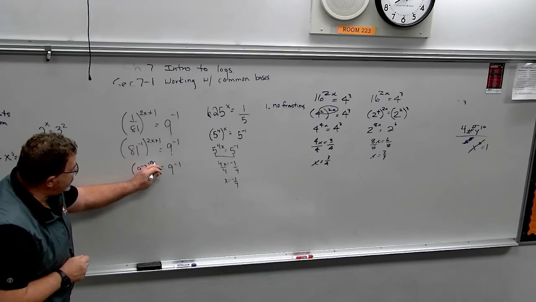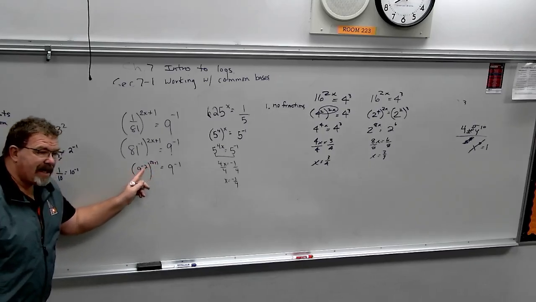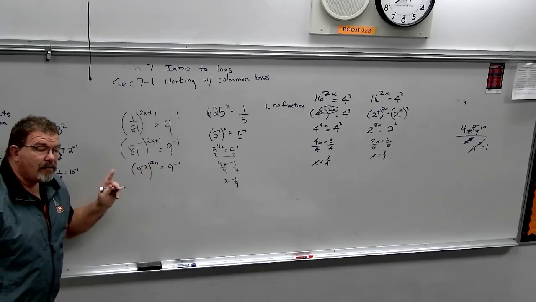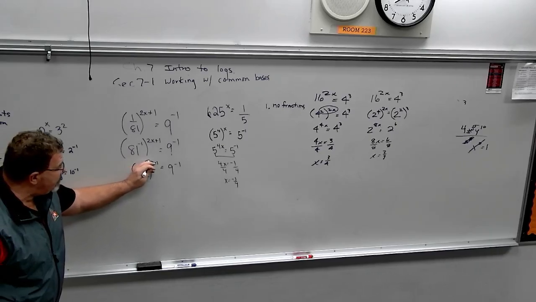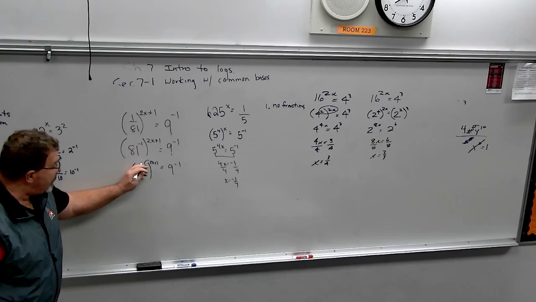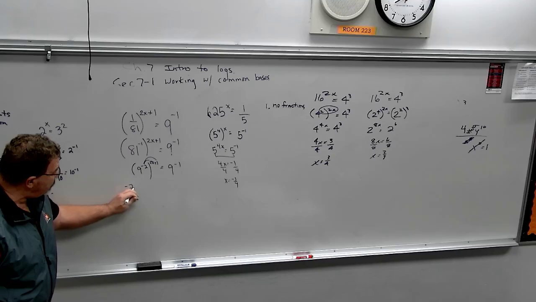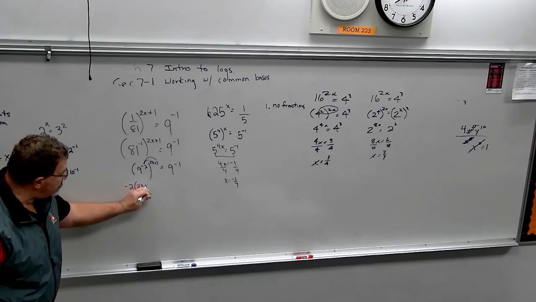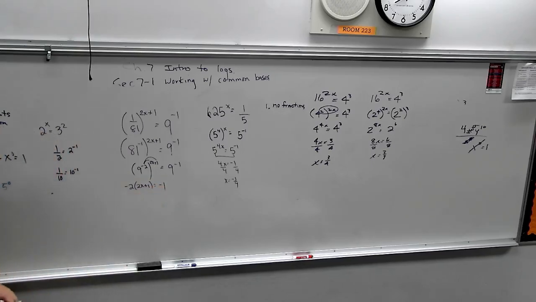I still have this 2x plus 1 out here. Here's where you really got to be careful. What are you going to do with these exponents? You're going to multiply. And when I say multiply, it's not just negative 2 times 2 and call it a day. It's negative 2 times everything. So when I write this problem out, notice how I write it. Parentheses are so important when you're working with these exponents.